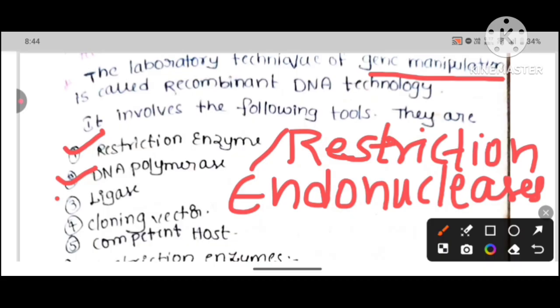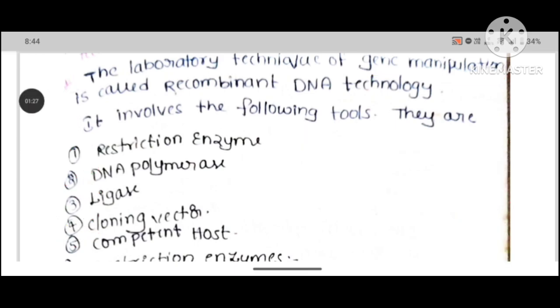Another one is the ligase enzyme, which is basically for the joining of DNA strands, and then a cloning vector and a competent host. These are the basic tools of rDNA technology. Let's go in detail.